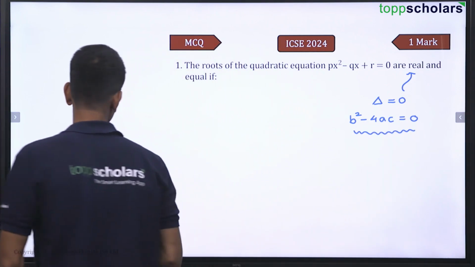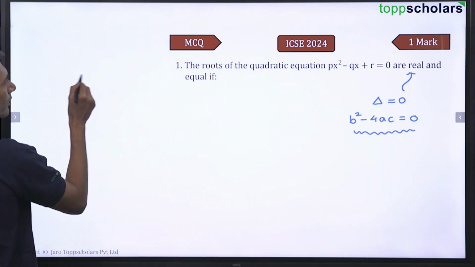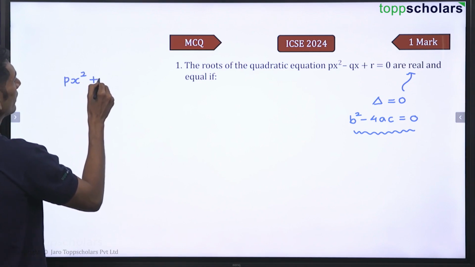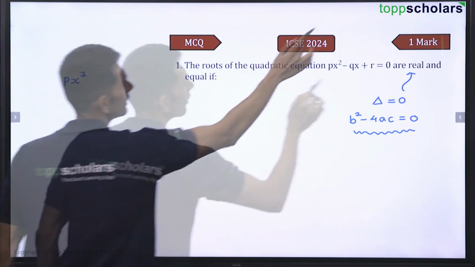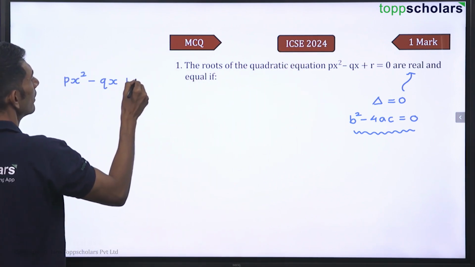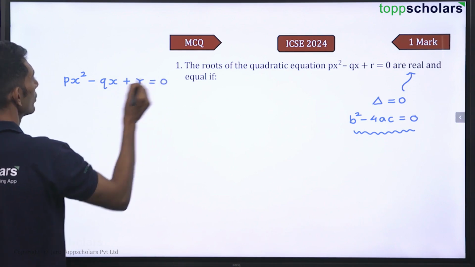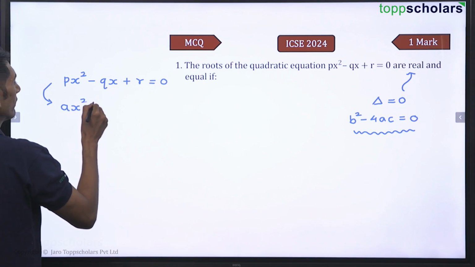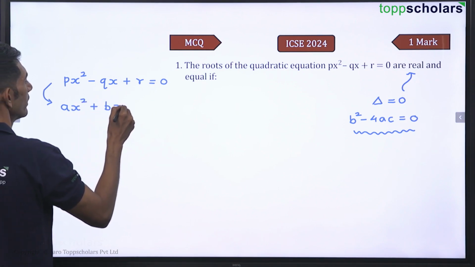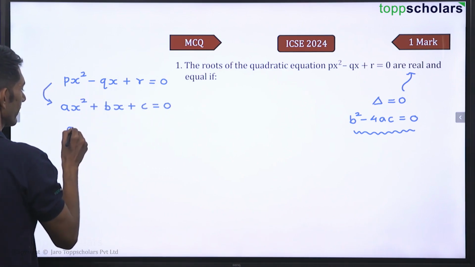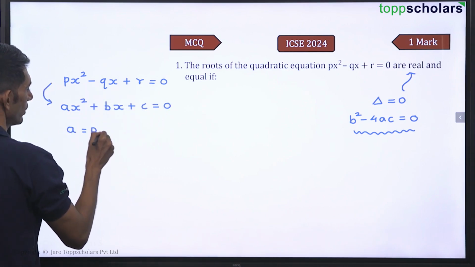But firstly, we need to understand what is the quadratic equation given. The quadratic equation given is px square minus qx plus r is equal to 0. So if I compare this with ax square plus bx plus c is equal to 0, can I say a is equal to p?